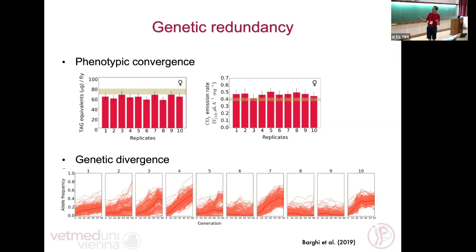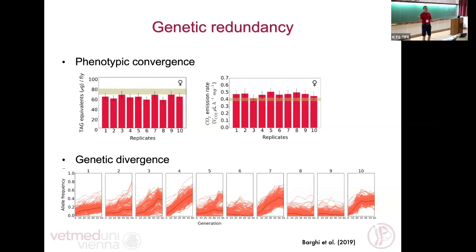What you can see here, in colorblind-friendly colors, is the ancestral and the evolved ones in each of the 10 replicates. They have clearly evolved, and all the replicates have consistently moved in the same direction compared to the ancestor. So we have parallel phenotypic change in all replicates.